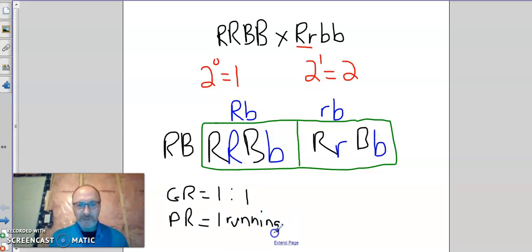Apologize for my writing here. And it has a big B, so it's running black. This individual here, again, has a capital R. It also is running, and it also has a capital B. So we actually have 2 to 0 running black, or the best way to probably express that is 100% running black. Okay, so hopefully that helps.